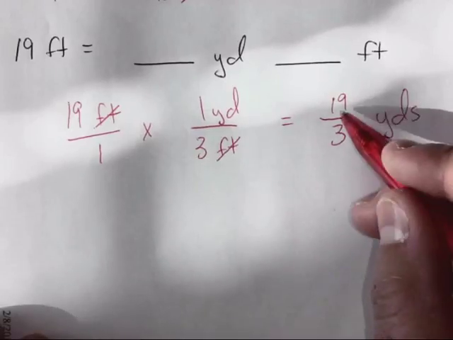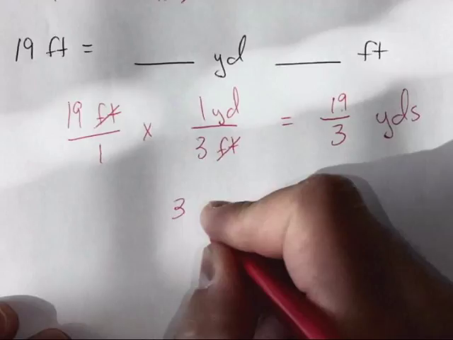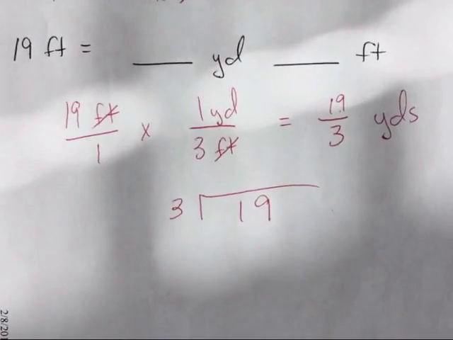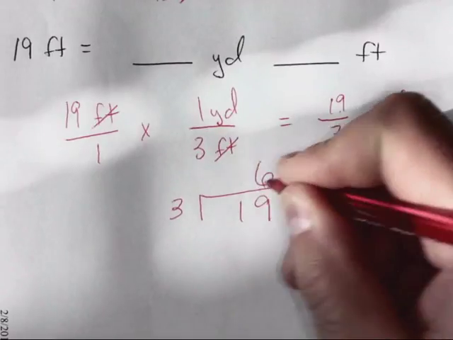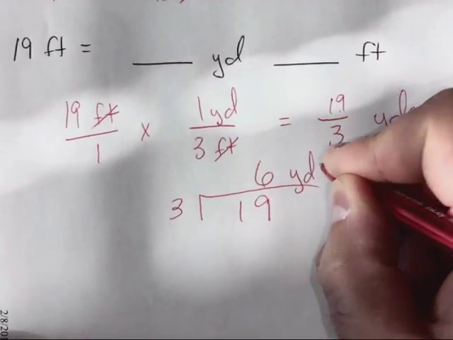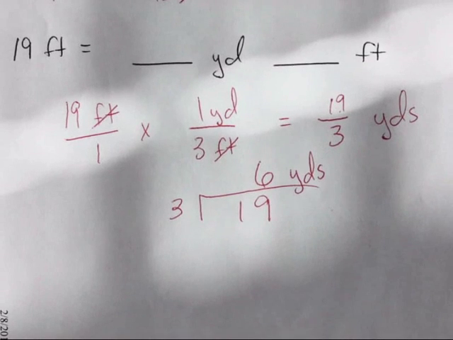So we divide 3 into 19 using long division, right? And 3 is going to go into 19 6 times. And so that tells me the number of whole yards that I have, right?